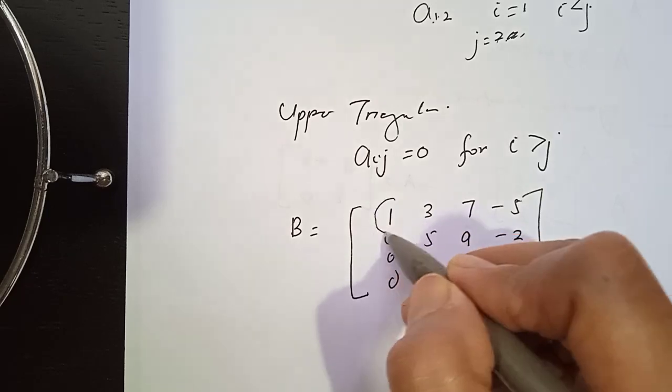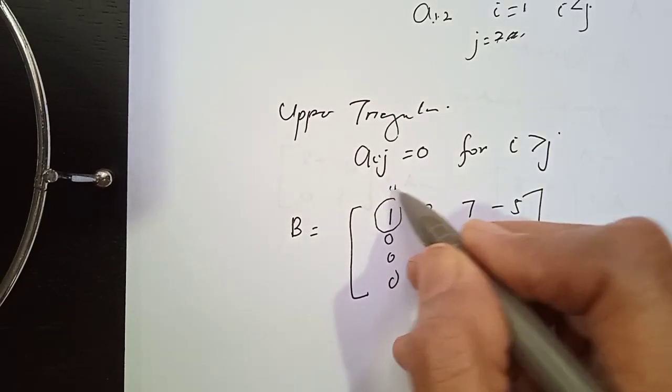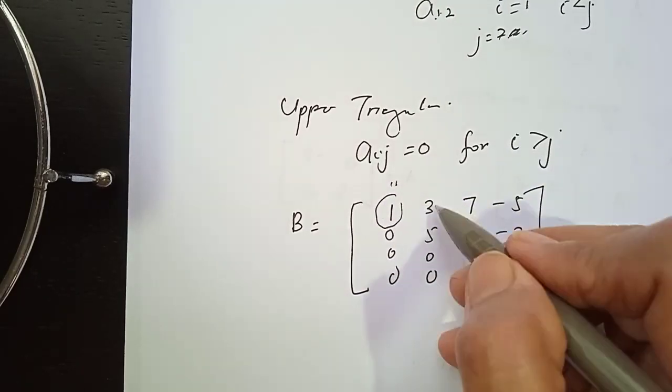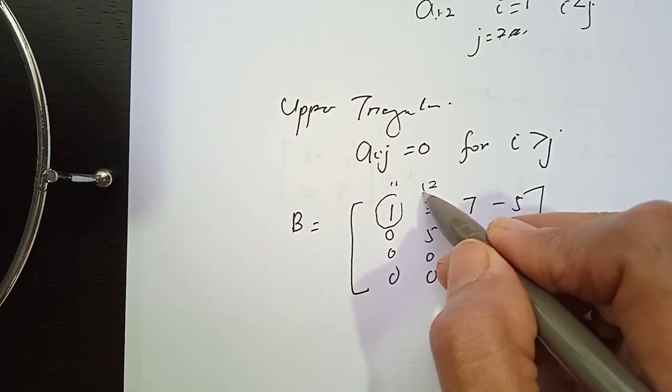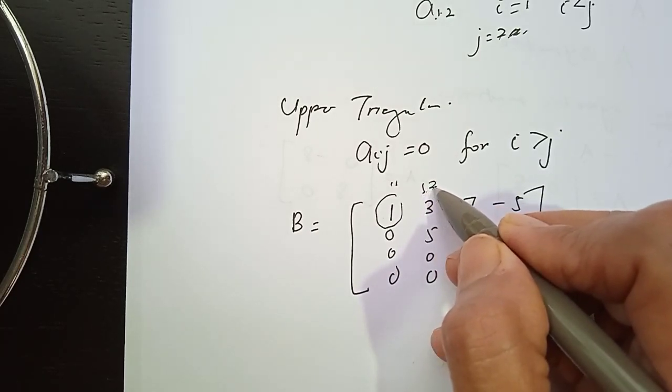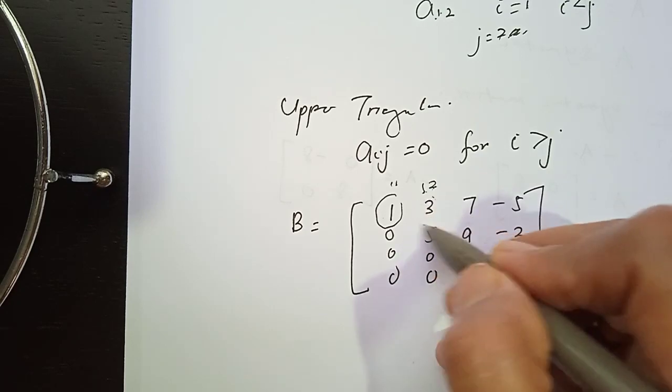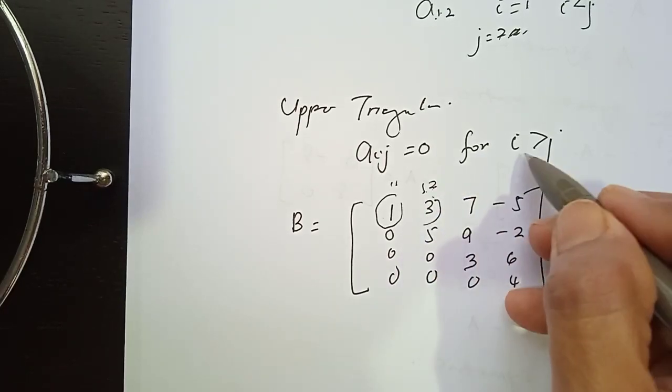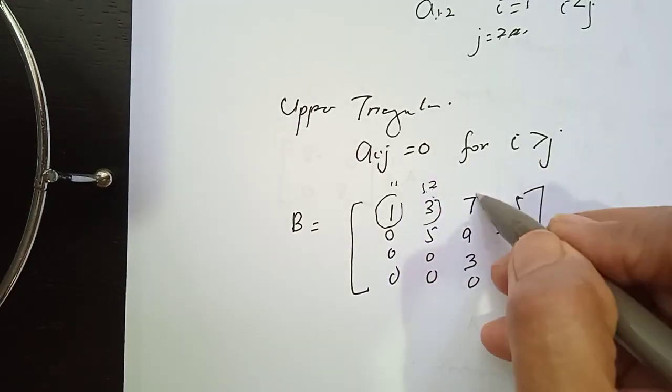Okay, here is a11. i is not less than... it is not 0. Here is a12. i is less than j. That's why it is not 0. This is a13. i is less than j, so it is not 0.